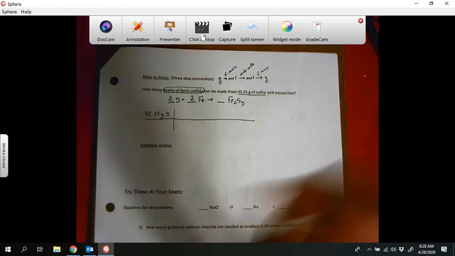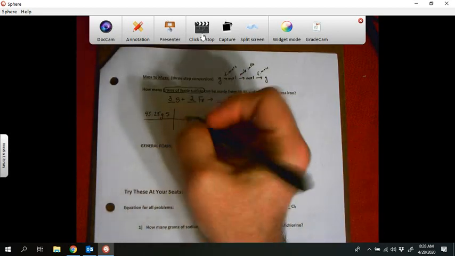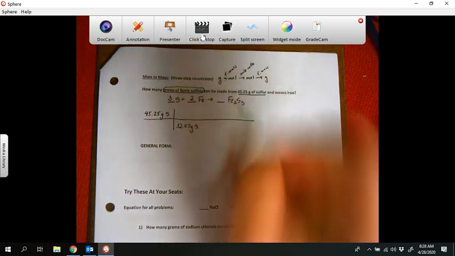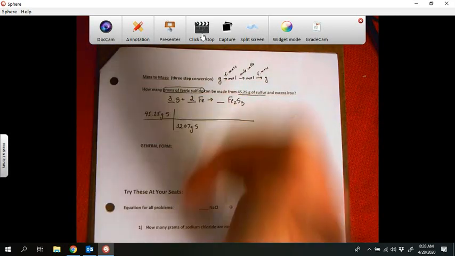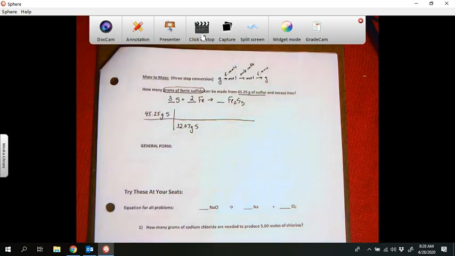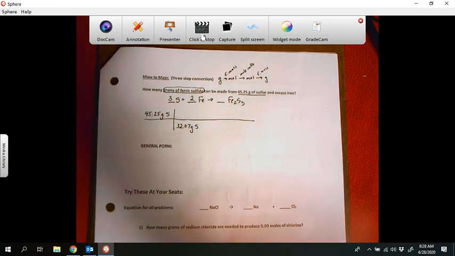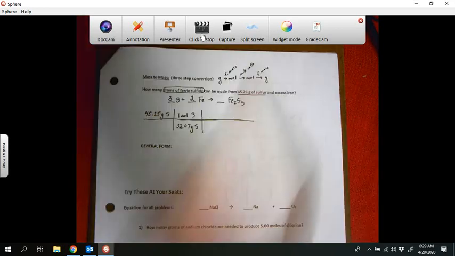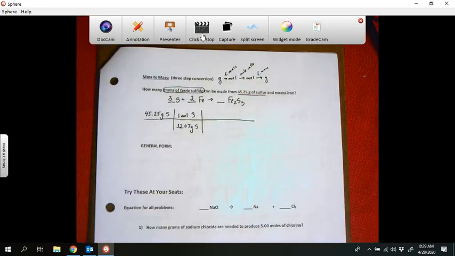So we have grams of sulfur here, so we're going to put the 32.07 grams of sulfur in the bottom so our units cross out. And as always with formula mass, it's always paired with 1 mole of that substance to make us a true statement, or a statement that equals 1, because 1 mole of sulfur is 32.07 grams.